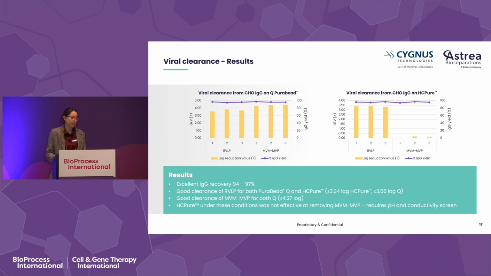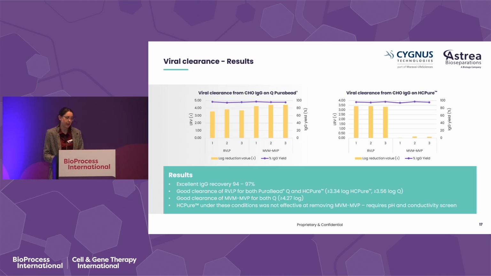Here it was, I have to check my slide, 3.4 log, 3.5 log for the RVLP on Q and 4.2 log for the MVM. I think we could increase that, so part of this work is working out how we can use these assays in our lab. So one of the takeaways from this was that we needed to increase the spike so we can up the log reduction values.